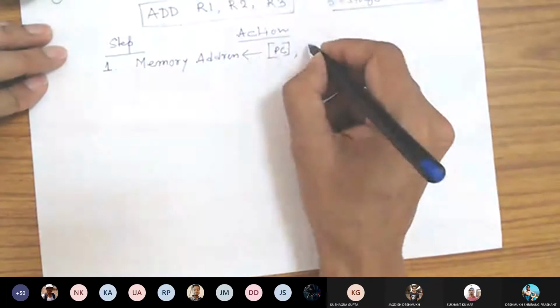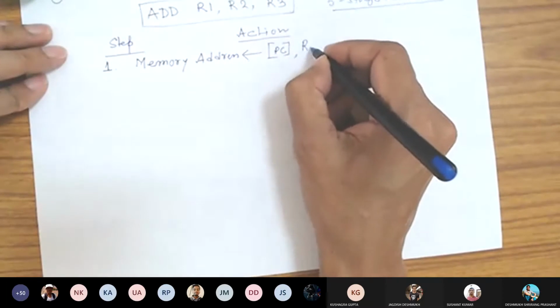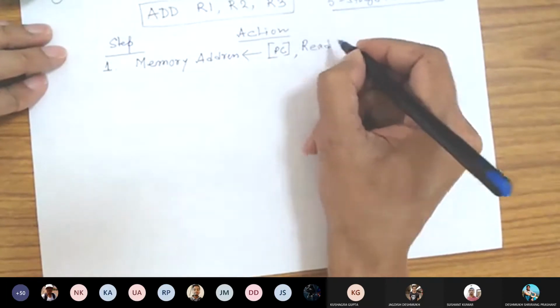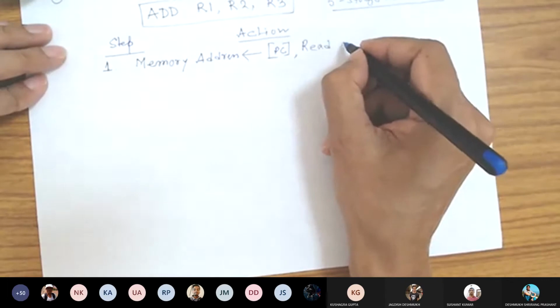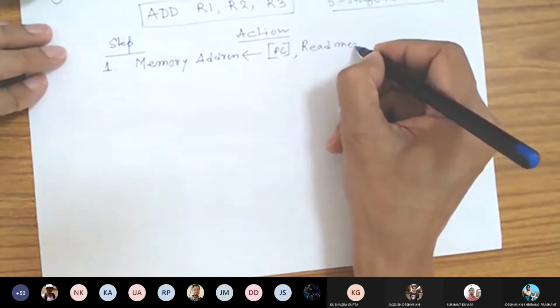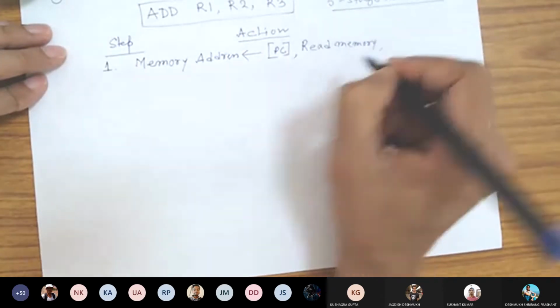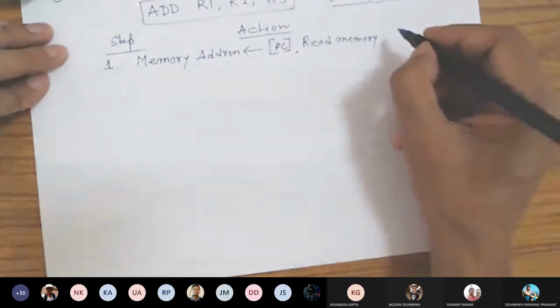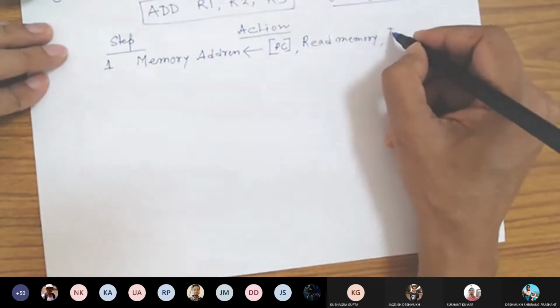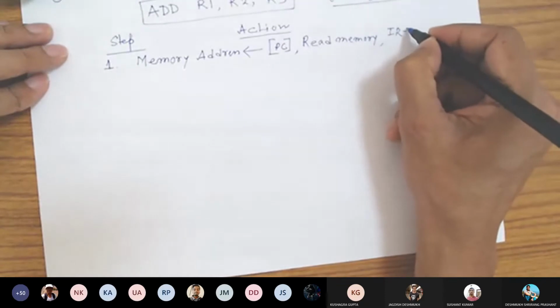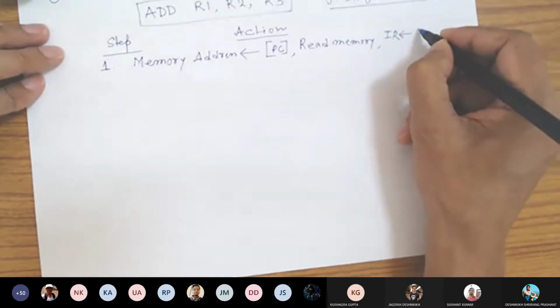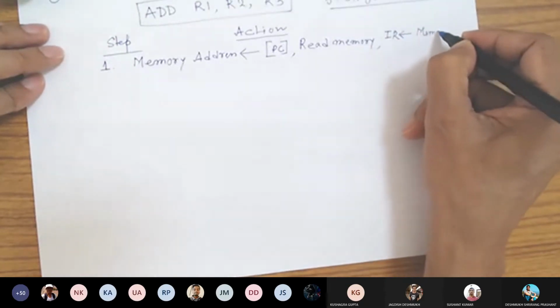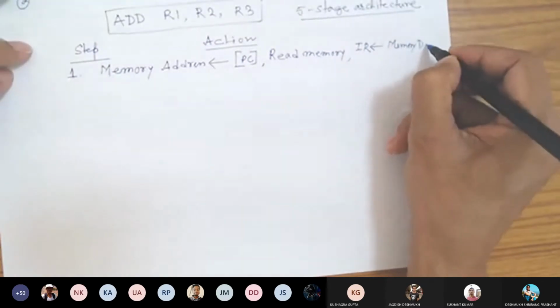What do you do then? You apply a control signal that is called read memory. What do you expect? Your instruction register will be filled with memory data.